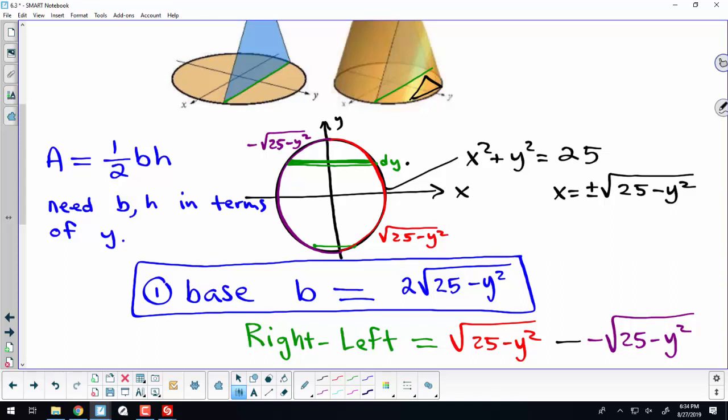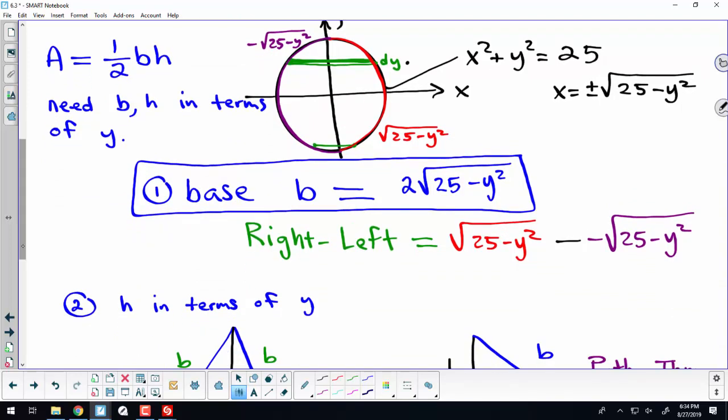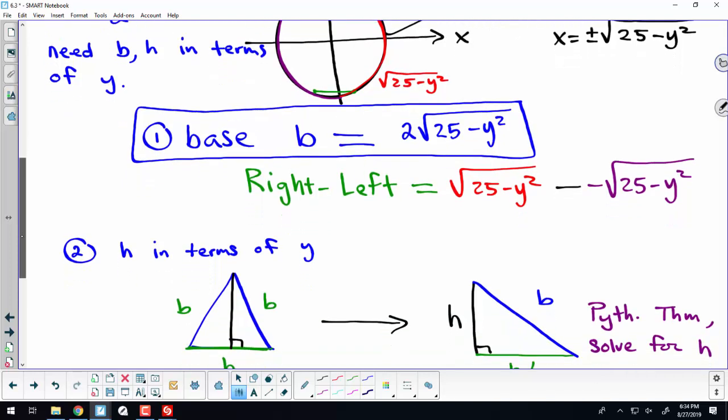Okay. So then we had to obtain a formula or an equation that described half of the circle in the positive and the negative sense. And that's how we ended up with 2 root 25 minus y squared for the length of all of those green pieces. Okay. So that's b in terms of y.